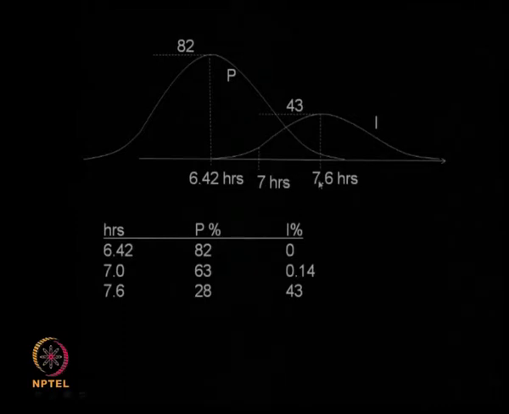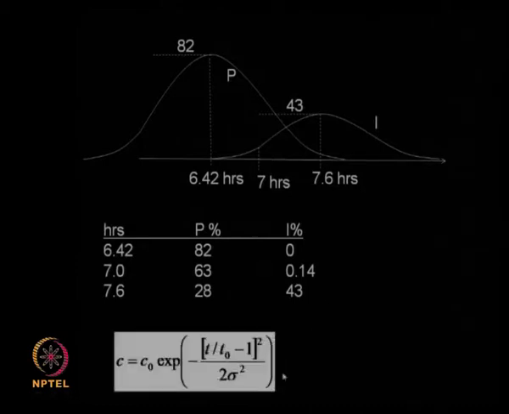So we can again use the equation C is equal to C naught e power minus (T by T naught minus 1) whole square divided by 2 sigma square. I hope you remember this. So for the protein T naught will be 6.42, correct, and C by C naught will be 63 by 82 and T will be 7.